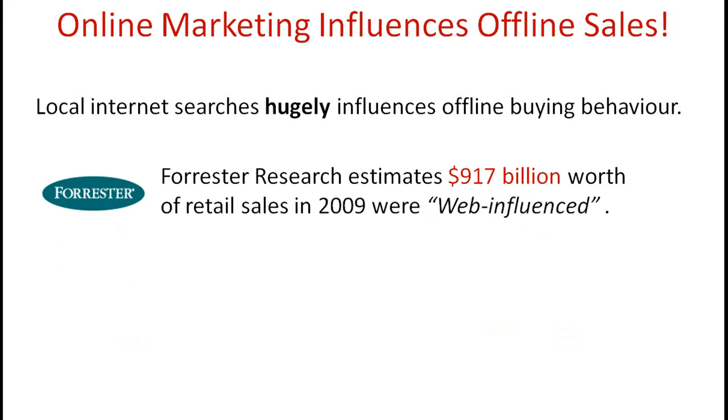So, for example, Forrester Research estimated that $917 billion worth of retail sales in 2009 were web influenced. That's to say, people did research online and then they went and bought offline. Even as far back as 2007, a joint Google and comScore study found that immediate online sales accounted for only 16% of activity.